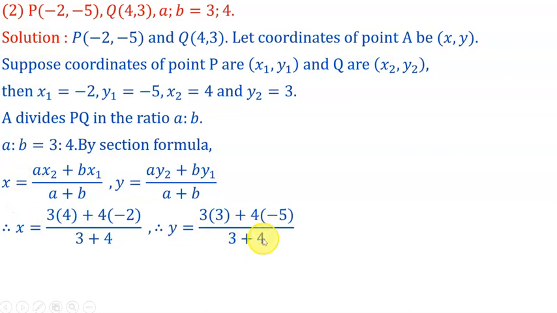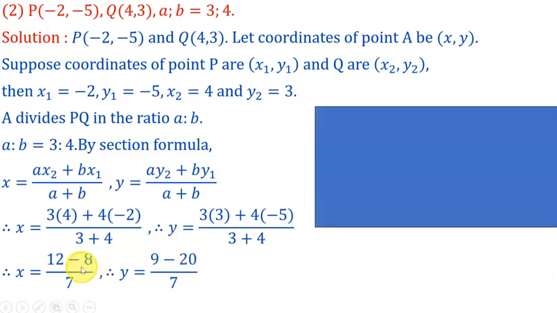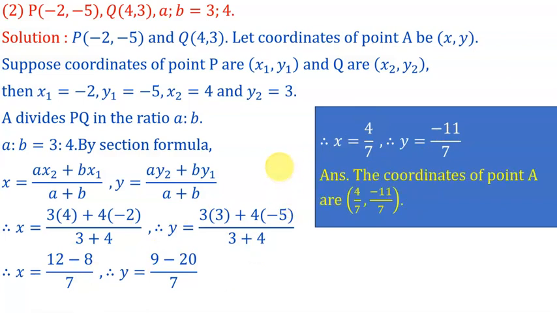Similarly for the y coordinate, simple calculation: 3 into 4 is 12, 4 into minus 2 is minus 8 upon 7, and y is equal to 3 into 3 is 9, 4 into minus 5 is minus 20 upon 7. Therefore, finally x is equal to 4 upon 7 and y is equal to minus 11 upon 7. The coordinates of point A are (4/7, -11/7).